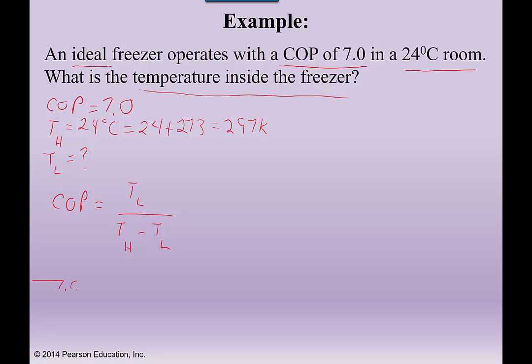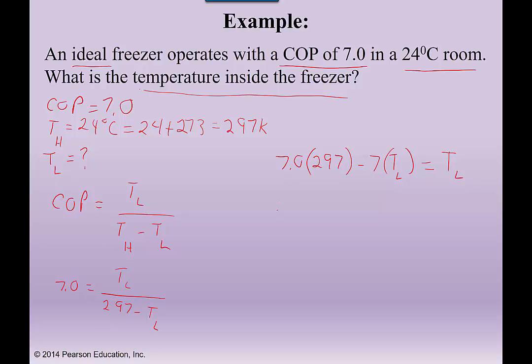Let me put the numbers in. We have 7.0 equals TL over 297 minus TL. Multiply both sides by the denominator, and we get that 7 times 297 minus 7 times TL is equal to TL.